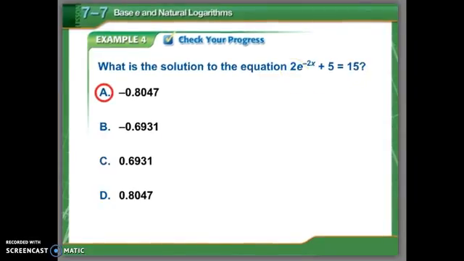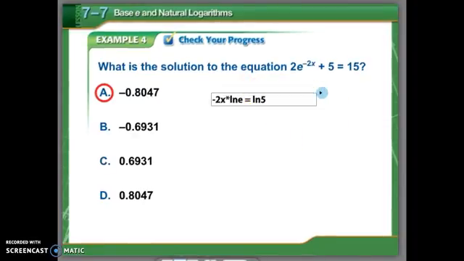Then you're going to have, let me type this in here, natural log of e equals, oops, let me back that up, negative 2x times natural log e equals natural log of 15 minus 5 is 10, 10 divided by 2 is 5, natural log 5.